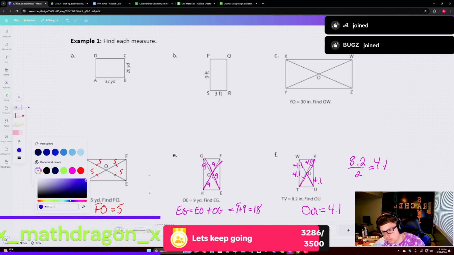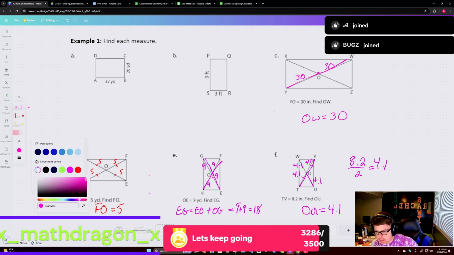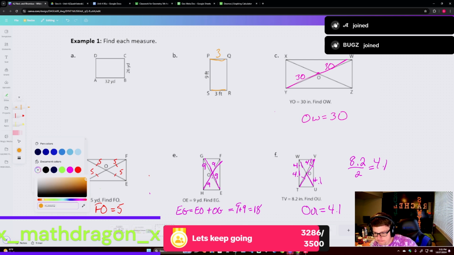Next, let's do pink. YO is 30, which means OW is 30 as well. Let's get an orange going. If SR is 3, PQ is 3.